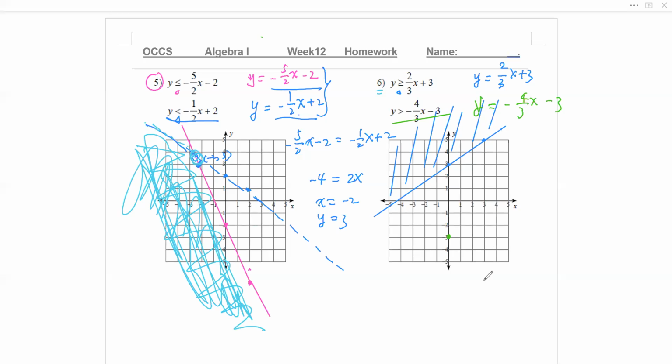So it's here. Since this is not including equal to each other, we use a dash line. The y greater than here actually is at the top of this part, right? Top of this part.